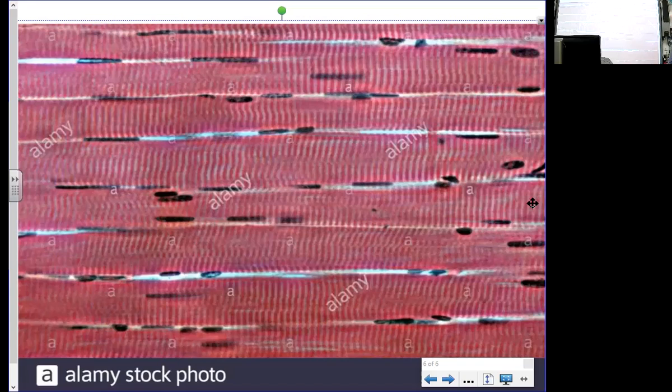Somebody thought when they looked under a microscope 100 years ago that they looked like stripes, and so they called them striations. Okay, these little lines are called striations, stripes.